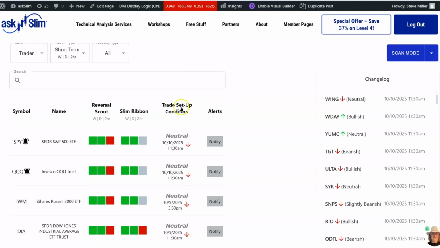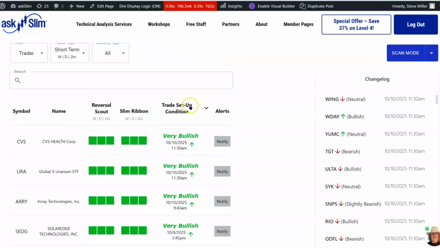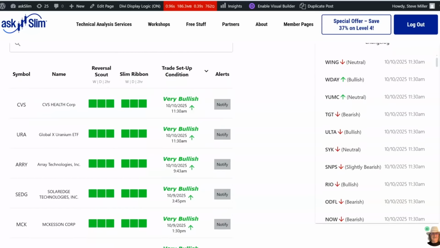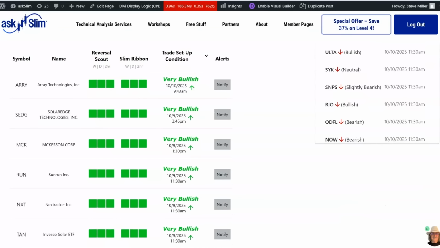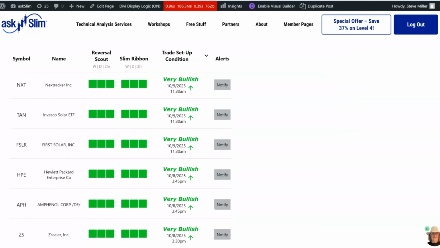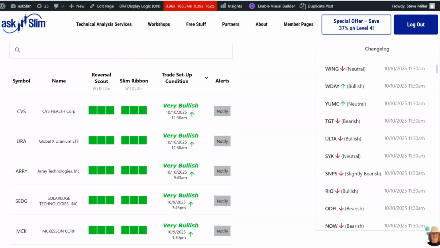Let's just take a look at trade setup conditions in here for all of these symbols that we're looking at. So you can toggle here, all stocks only, ETFs only, but I'm going to look at everything right now and say which ones are still very bullish. You can see that right over here, as the stocks that are very bullish are very apparent right there on the short term.